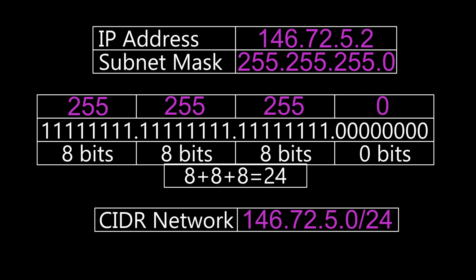This is classless interdomain routing. There's no difference between the top of this and the bottom. It's just a shorthand way to represent, instead of writing out 255.255.255.0, we just write that as 146.72.5.0/24. Now that .0 is what we call the network address.